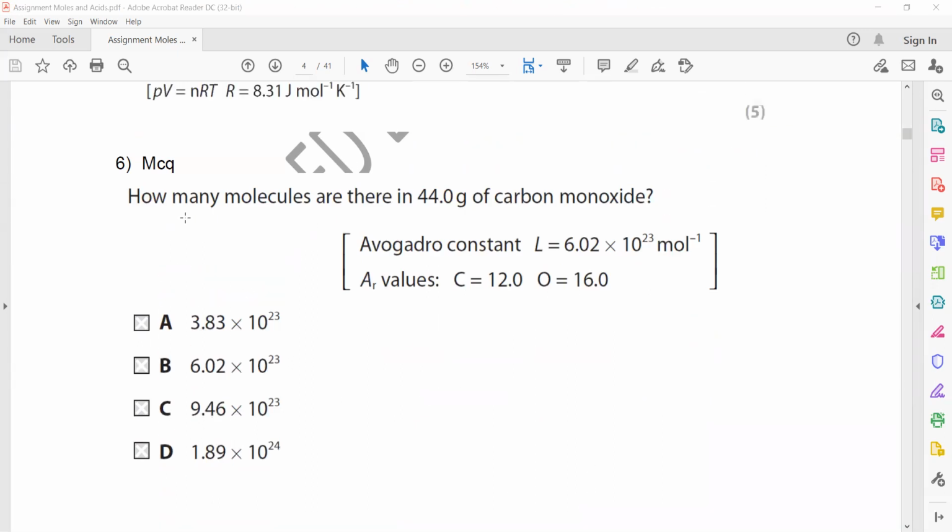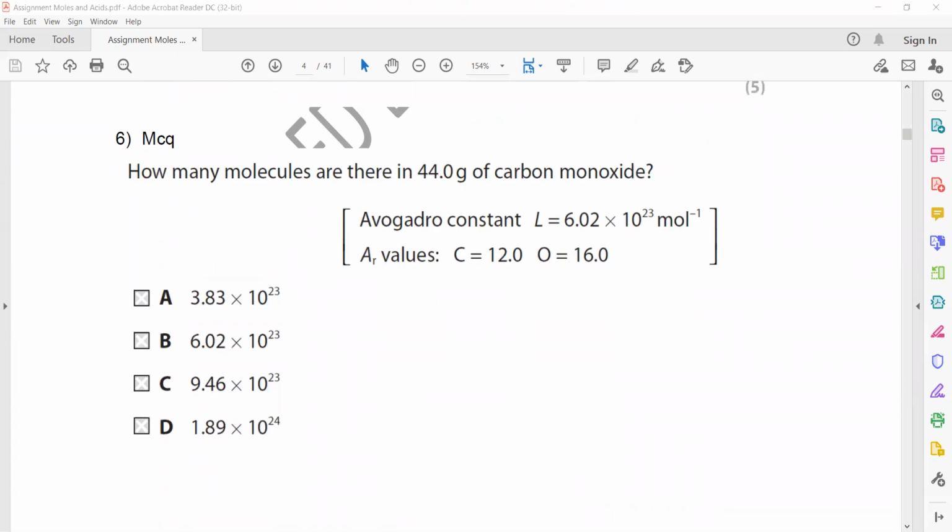In the next question, question 6, which is multiple choice question, how many molecules are there in 44 grams of carbon monoxide? So how we can find the number of the molecules? The formula for first for moles equal mass in gram divided by molar mass.